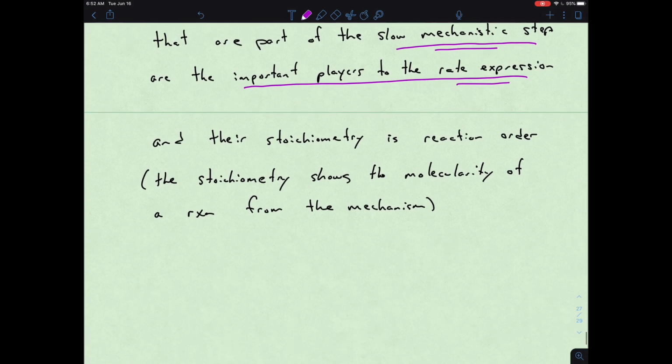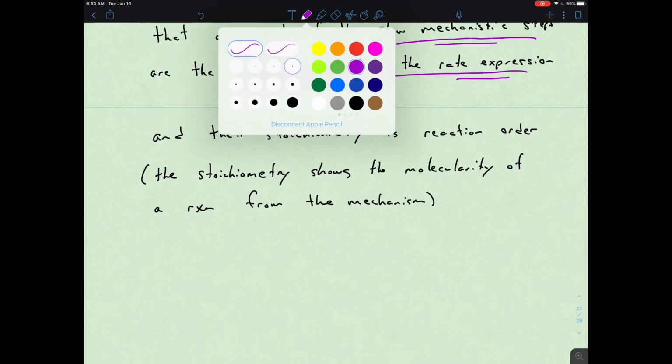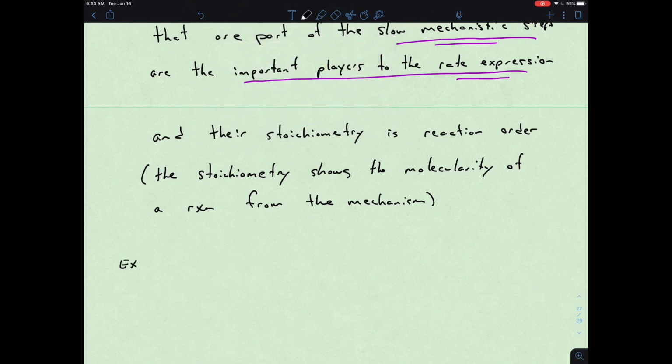So here's a running example of 3 reactions and their experimental rate equations or rate expressions.